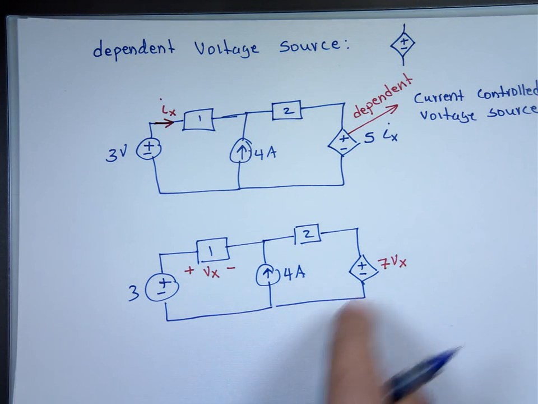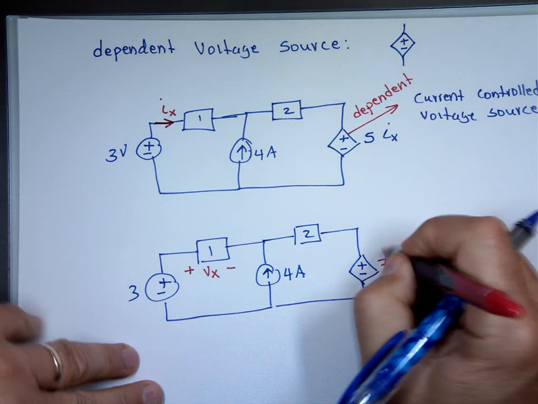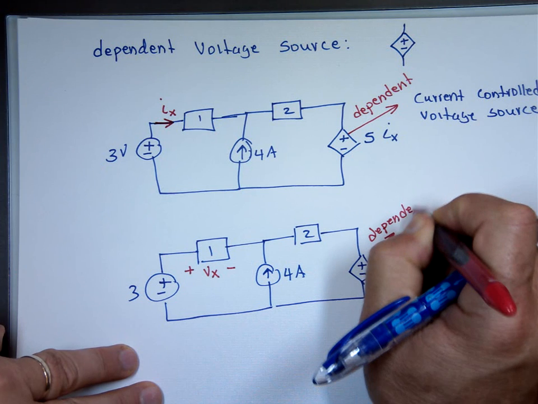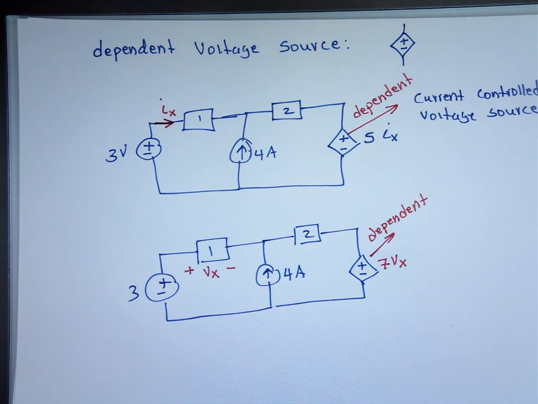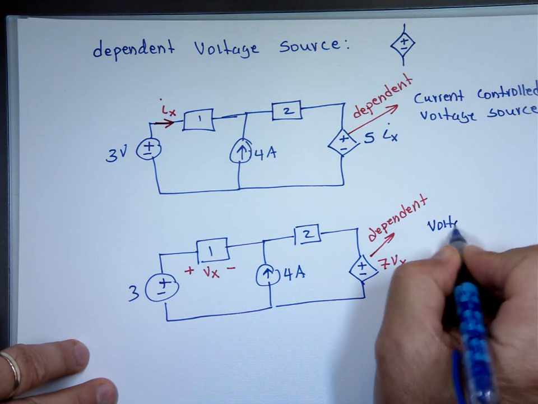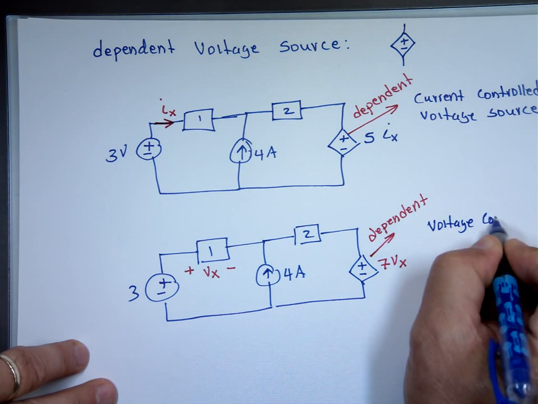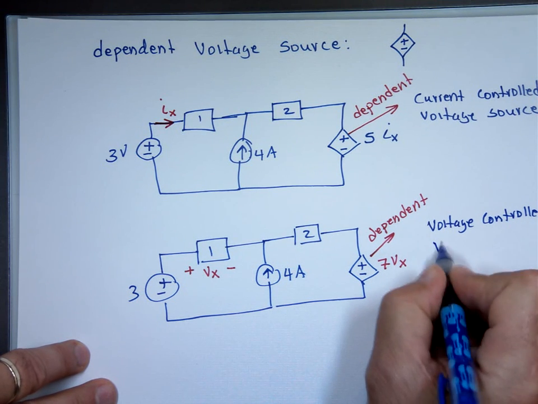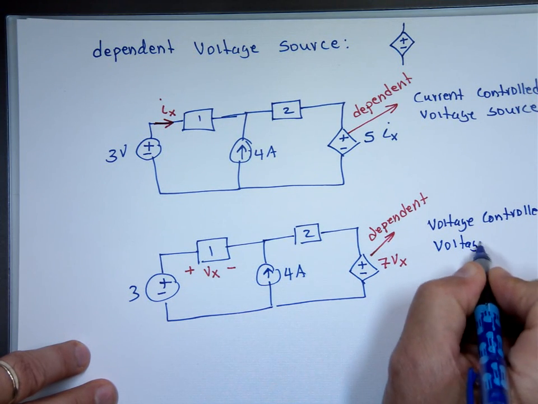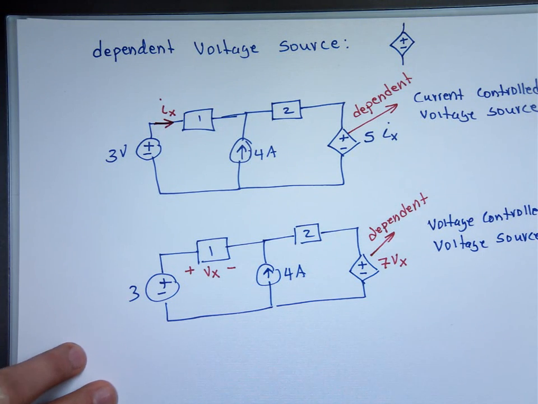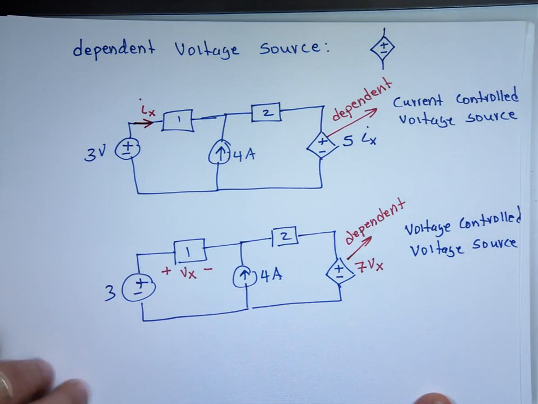Again, that's a dependent voltage source. This dependent source is controlled by what? By the voltage. So it's a voltage-controlled voltage source. So that's what a dependent source looks like.